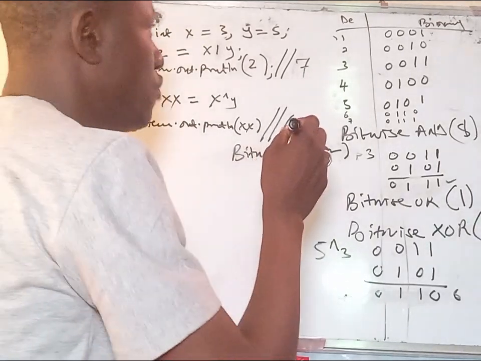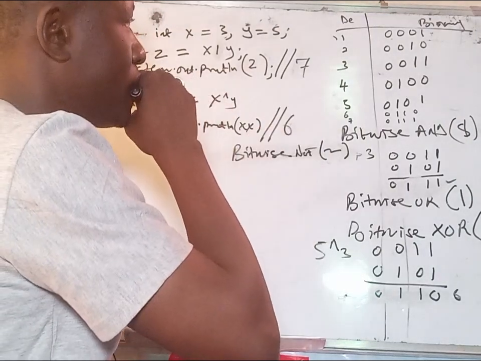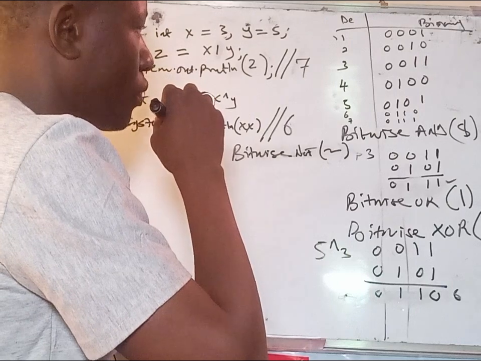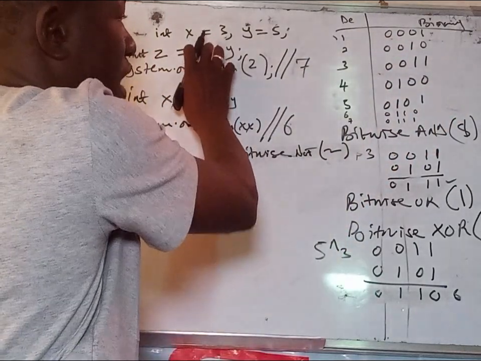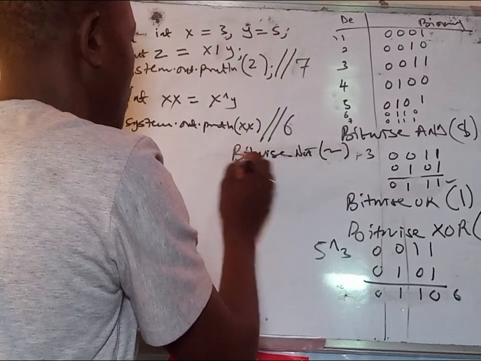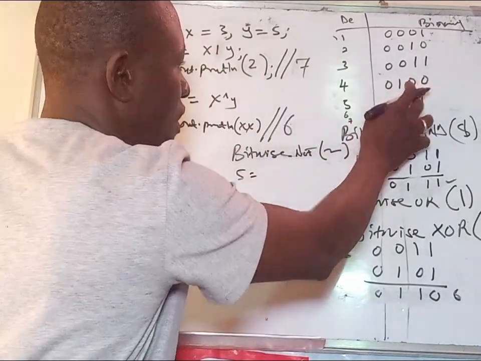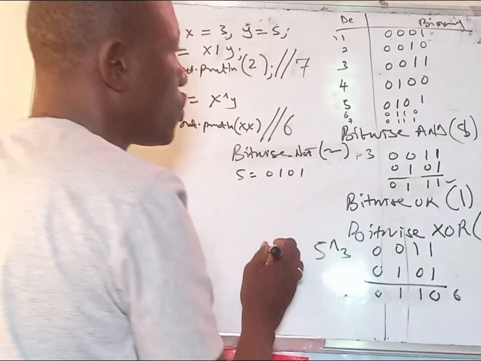So assuming, let's say, which one will not give us a headache here. Let's say we are having 5. This 5 we know is going to be 0101.